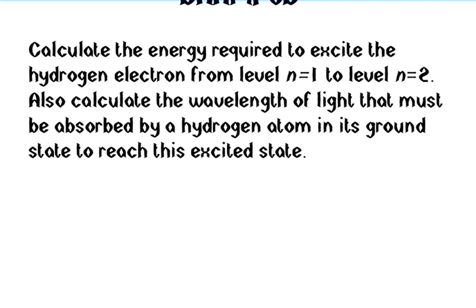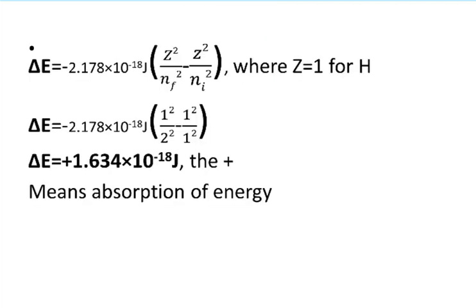So from its ground state n equals 1, we say this is the ground state because this is where the electron possesses its least amount of energy, which is a good thing. Too much energy in chemistry isn't good. Though it moves from n equals 1 to n equals 2, so we are going to calculate first of all the energy required to excite this hydrogen electron, this much.